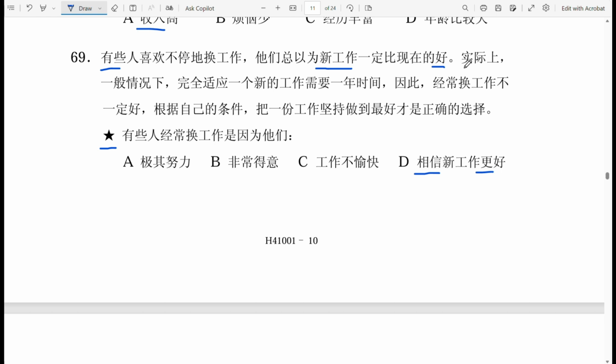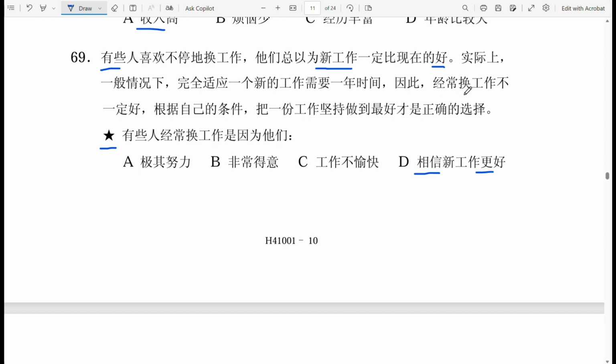实际上, so in reality, 一般情况下, in normal situations, 完全 completely 适应, to completely adapt to a new job, you need 1年时间, 1 year of time.